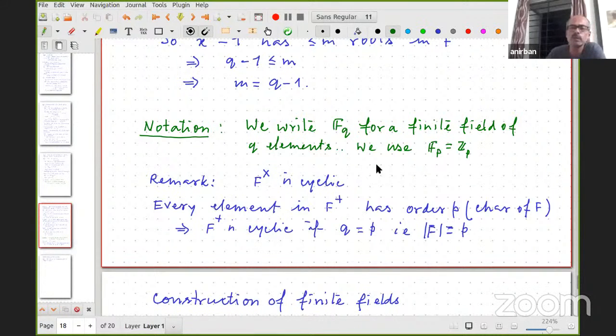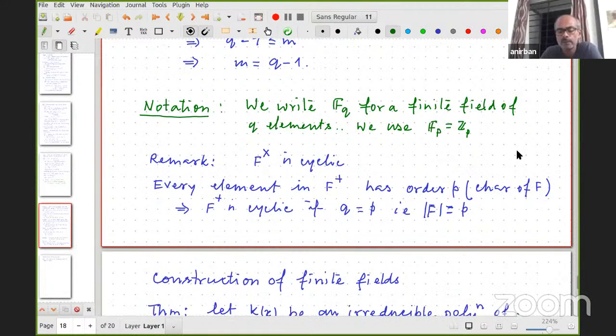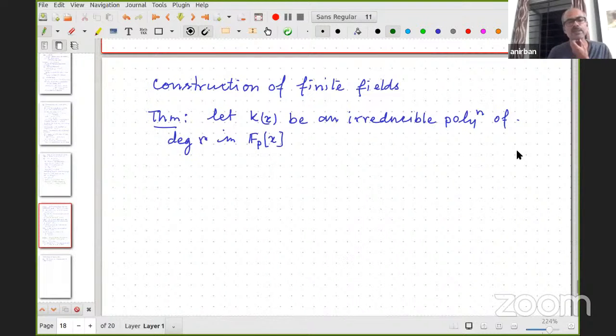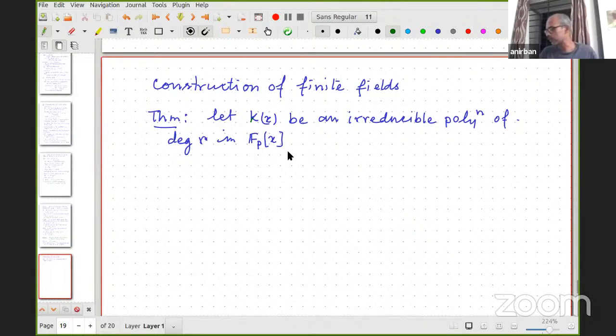So use both notations, then that should be fine. So F_q is going to be the standard notation for finite fields with q elements, and that's what we are using here. p is a prime. So let k(x) be an irreducible polynomial of degree r in this polynomial ring. So this is a polynomial with coefficients from F_p.